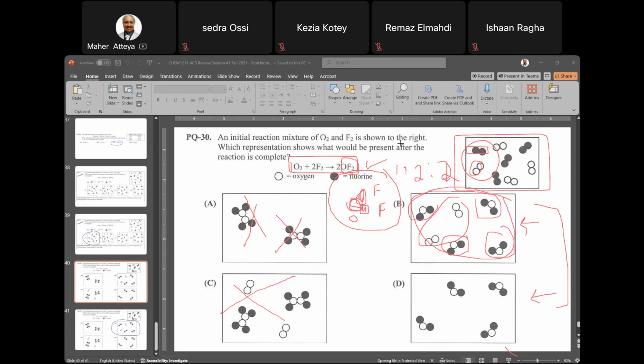So, which representation shows what would be present after the reaction is complete? Okay, so the reaction is oxygen, and here the fluorine is limiting because it's consumed. There's no fluorine molecule left. The only thing left is oxygen. You have to have a limiting reactant, because you have an arrow here.